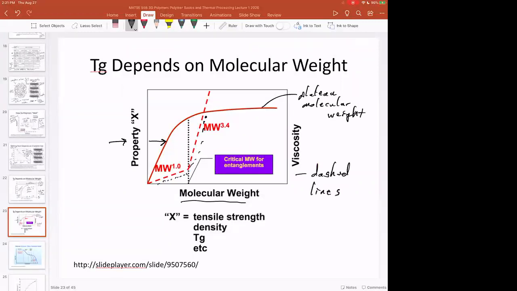So below the plateau molecular weight, you have scaling of molecular weight to the first power for viscosity. So that's what MW raised to the 1.0 means, which is a linear relationship between molecular weight and viscosity. So if you're below the plateau molecular weight, and let me define that the plateau molecular weight is this number right here.